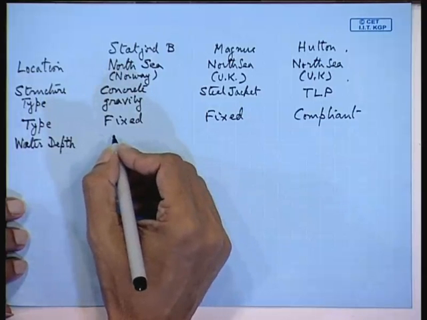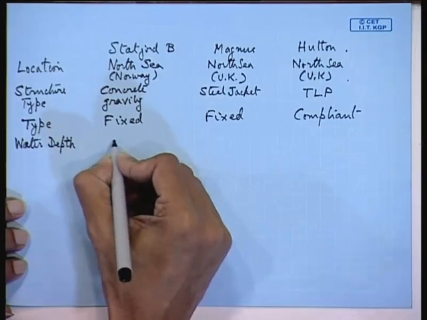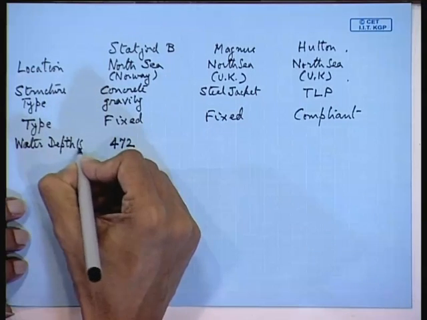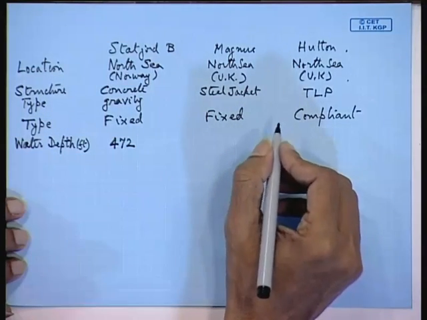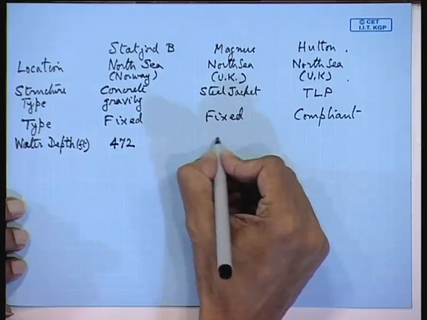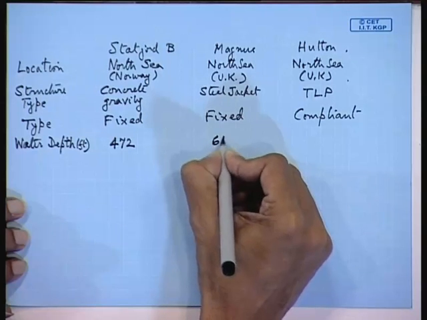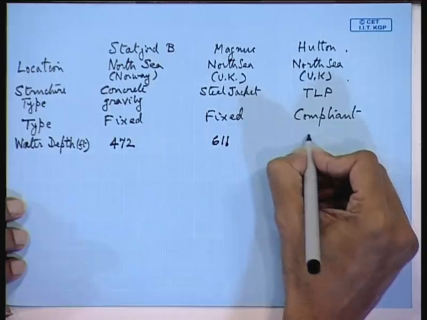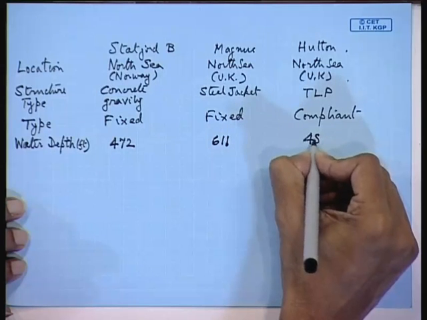Water depth in this case for the concrete one is 472. Now, your dimensions are in feet. This is steel jacket, 611, TLP is 485.